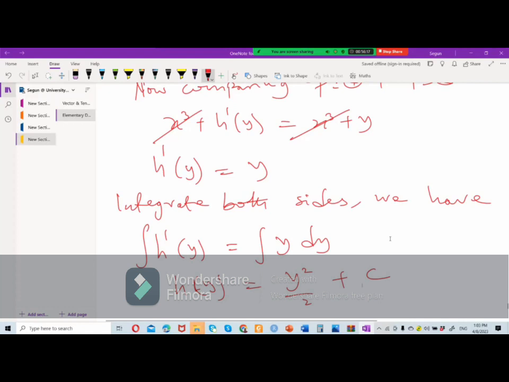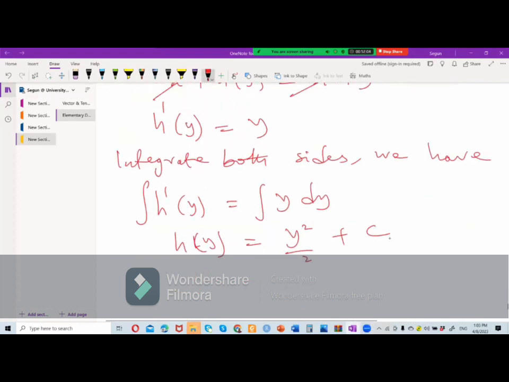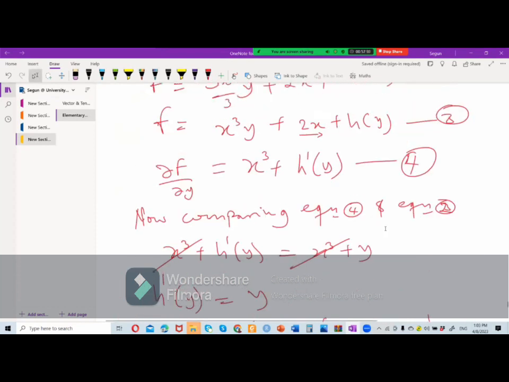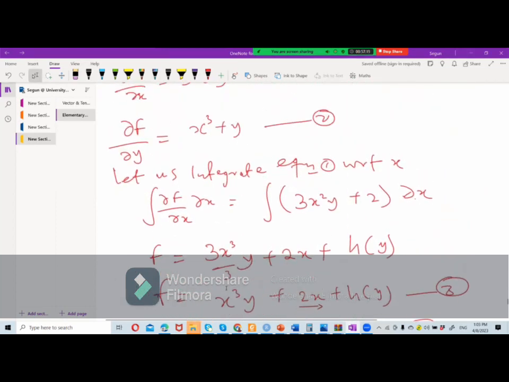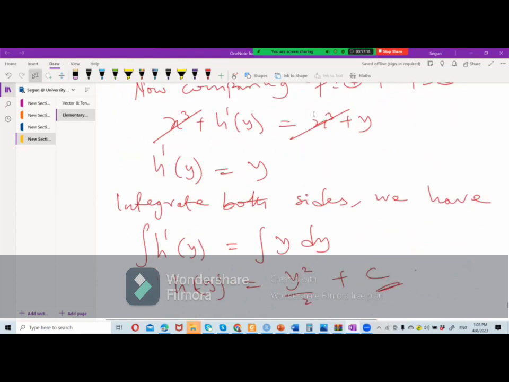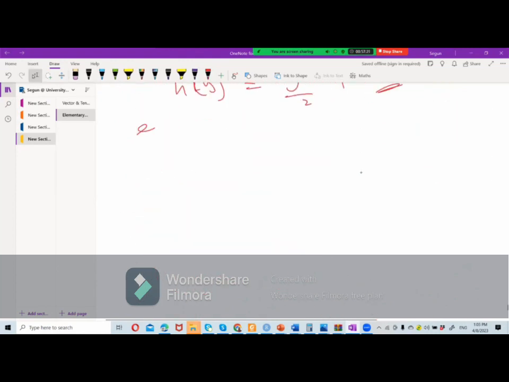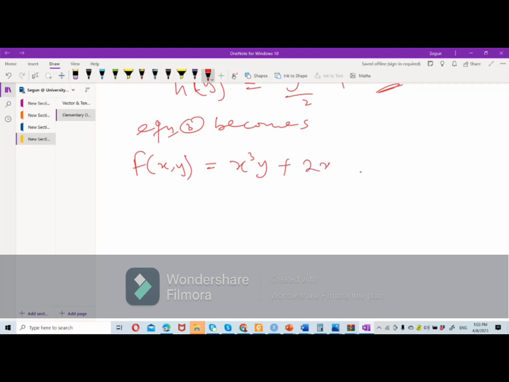So it simply means that we have our h of y to be equal to this. Now go back to your equation where we have h of y, initially our f. Remember your f function? Your f function is here. So equation 3 becomes f of x comma y, don't forget, equals x cubed y plus 2x plus y squared over 2 plus c.